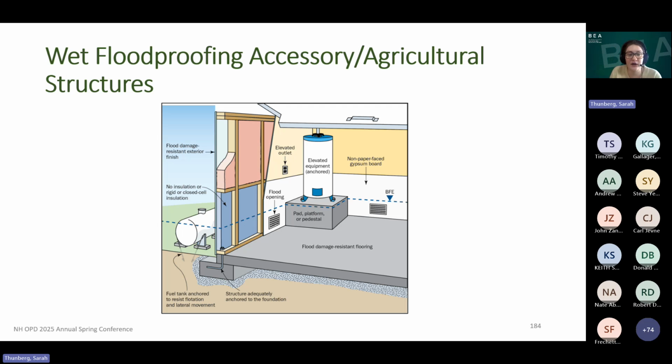And notice also how the water heater and utilities have been elevated above the flood opening levels, so that if you do have the water flowing in, it's not going to ruin all of your utilities. That's a very important thing to note when doing a wet floodproofing option.